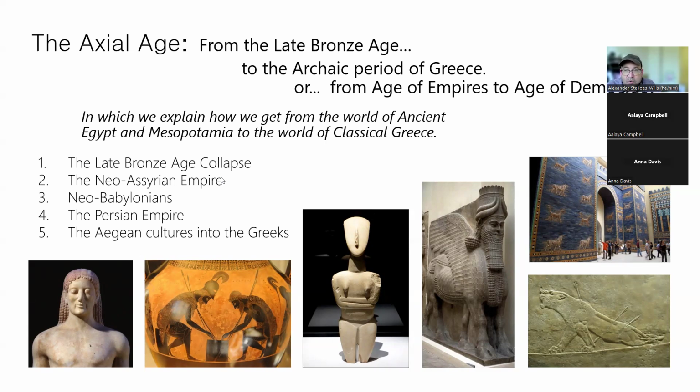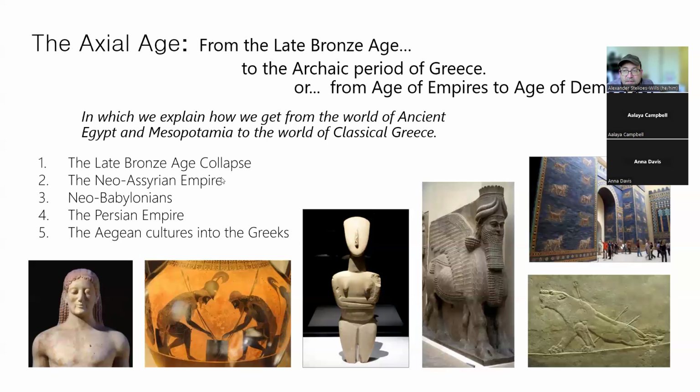one is really quite catastrophic, and trade almost completely shuts down. The existence of writing disappears in many places. The evidence of writing is reduced almost everywhere. The evidence of people living in cities is reduced. A lot of people move out of cities to more semi-rural areas.